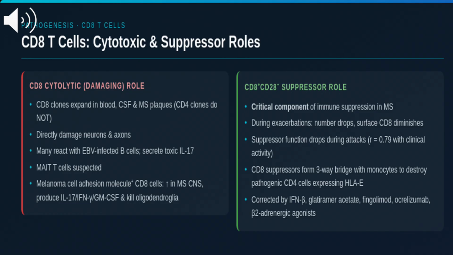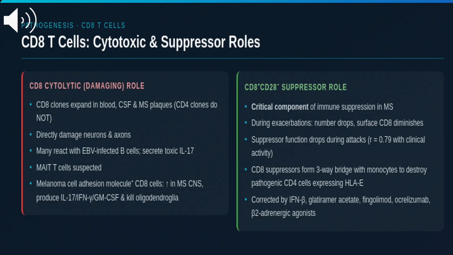During exacerbations, the number of these cells drops and their surface CD8 expression diminishes. The suppressor function drops during attacks, measured by the concanavalin A stimulation assay, in a manner that correlates with clinical activity at a remarkably high level, R equals 0.79. Compare this to the correlation of MRI lesions with clinical activity, only R equals 0.25.